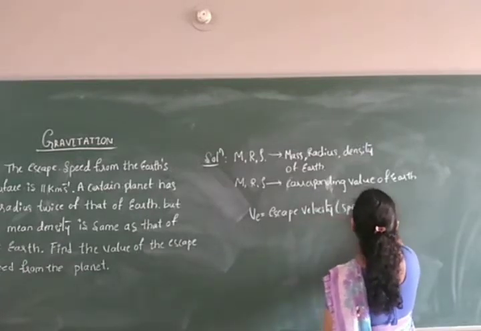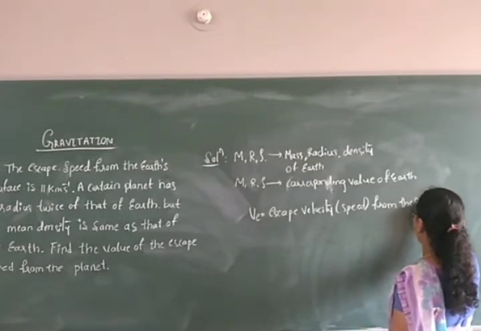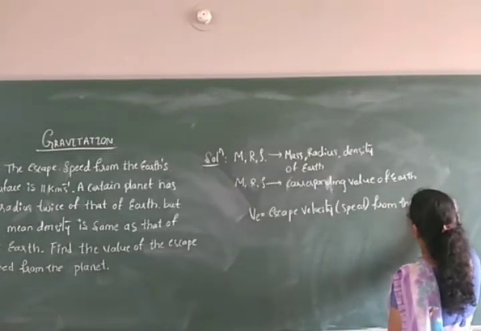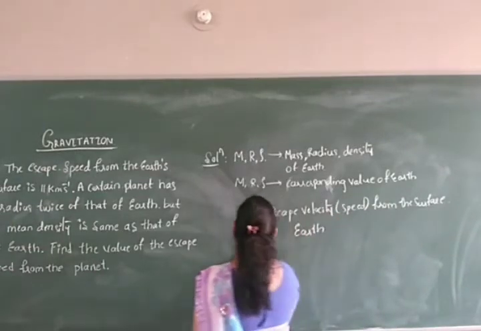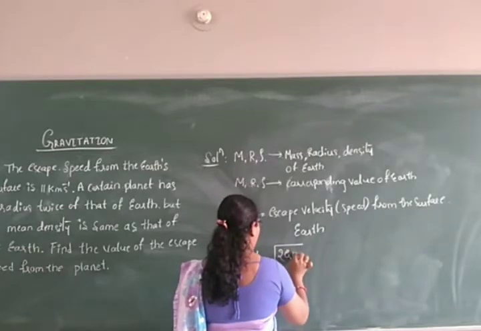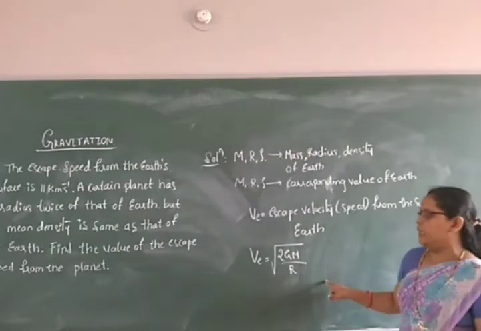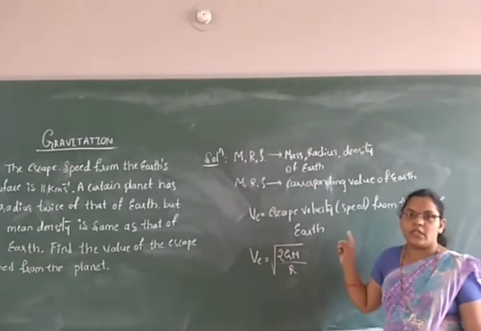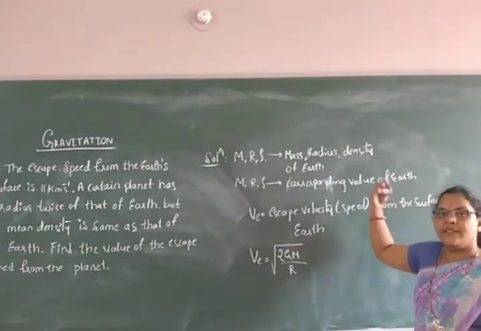What is that? From the surface of the earth, that is V E is equal to root of 2GM by R. So this is our expected velocity here, the escape velocity or escape speed if the object is on the surface of the earth.